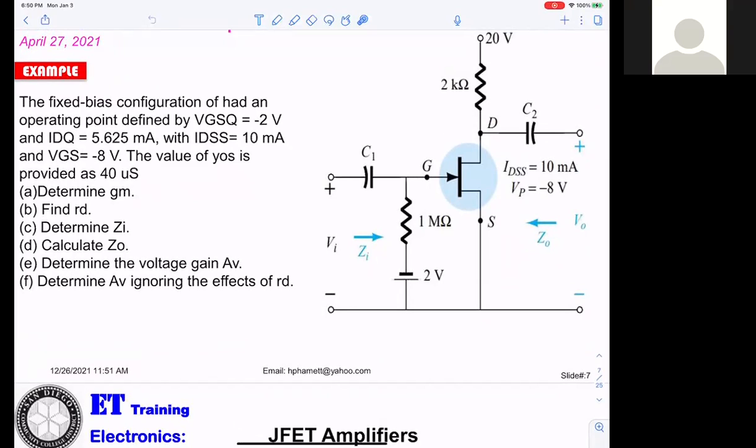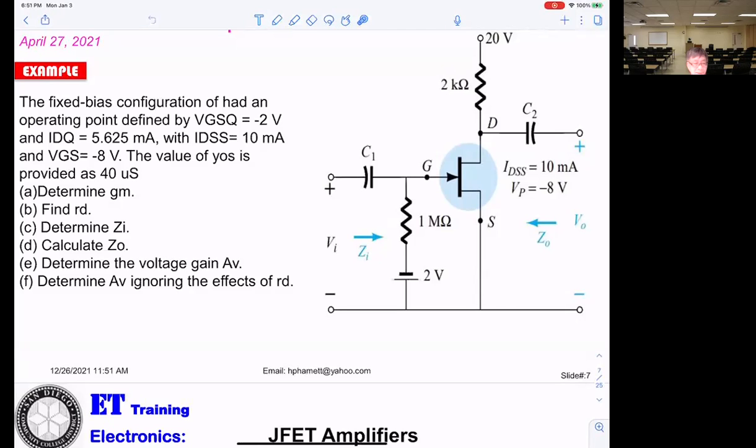So in these devices, the gain is going to be affected by the load. The gain will be affected by the load, the RL, yeah?